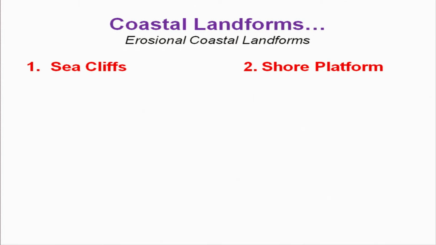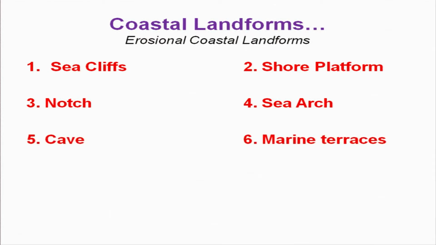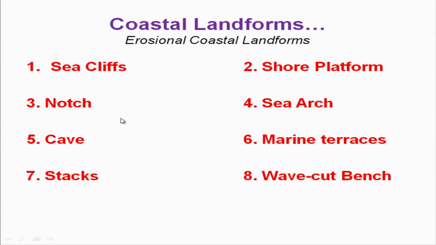What we have is the sea cliff, shore platform, notches and sea arches, caves and marine terraces, stacks and wave-cut benches. As we discussed in the previous slide, all these landforms are dependent on the wave action and the configuration of the coastal areas.